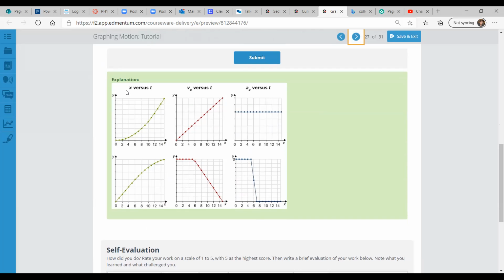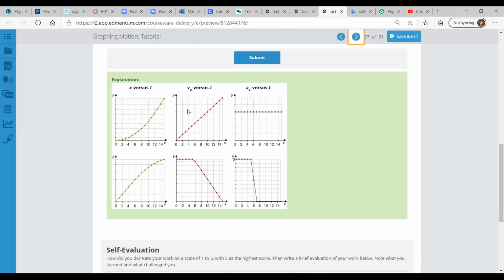It looks like this object is moving in the positive direction, but it's also moving more at a gradually increasing rate. So the slope is getting higher and higher at a pretty constant rate.